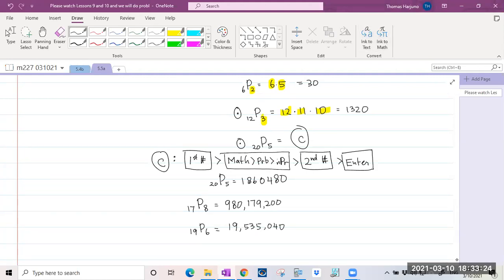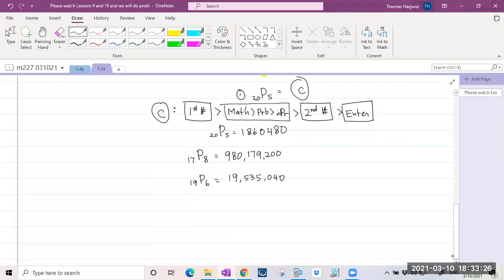Now, combination is very similar when it comes to punching it into the calculator. Combinations, that's nCr. The way you use your calculator will be the same.